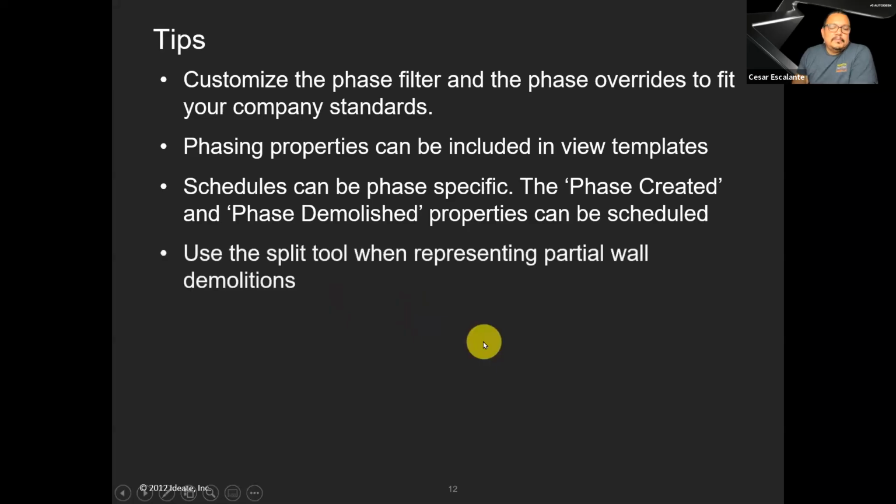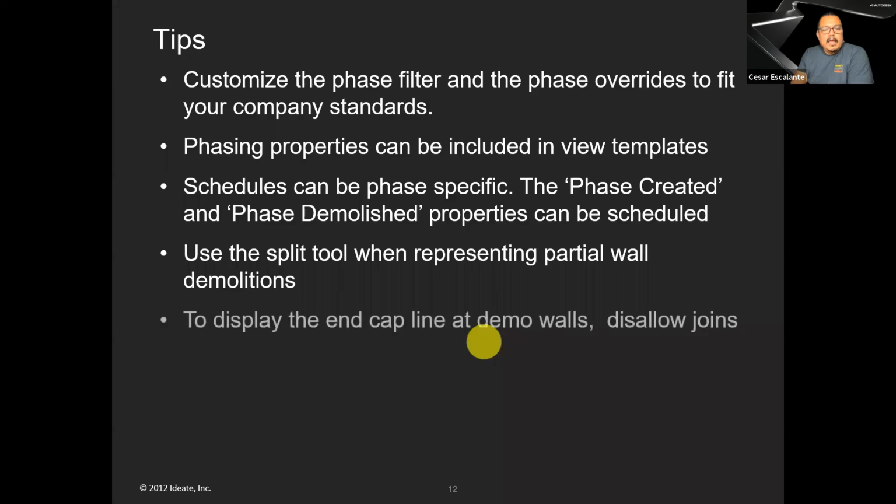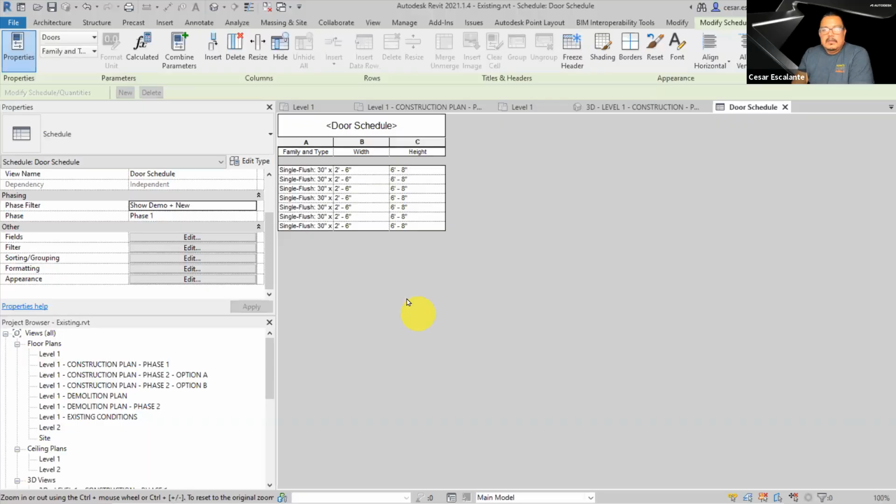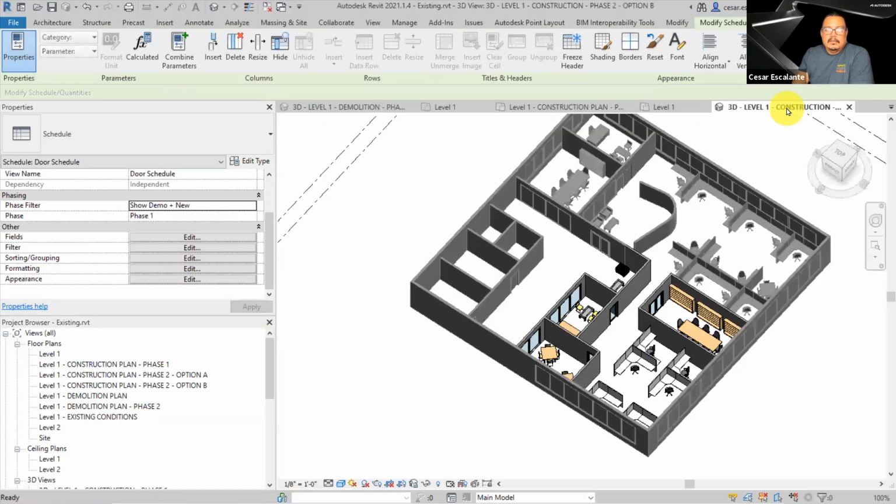What else? If a wall is going to be partially demolished, use the split tool. The split tool is like that X-Acto knife that splits a wall in half. To display the end cap on demo walls, you can disallow joins. Remember what I did on my first demo.